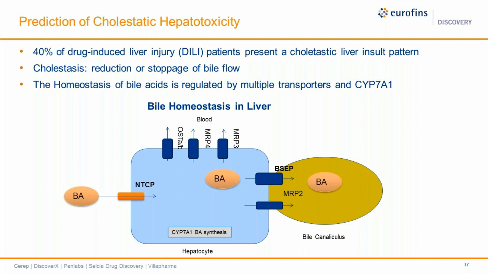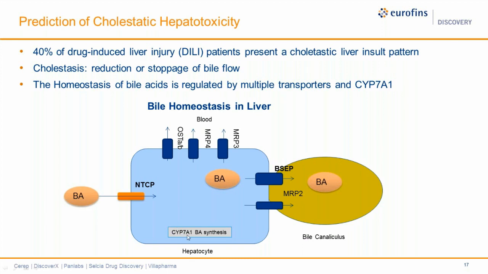The concentration of bile acids is regulated by multiple uptake and efflux transporters, including NTCP, which is responsible for the uptake of bile acids from blood to a hepatocyte, and efflux transporters, including BSEP, MRP2, 3, 4, and OST-alpha/beta, which are responsible for the clearance of bile acid from hepatocytes to blood or to a bile duct.